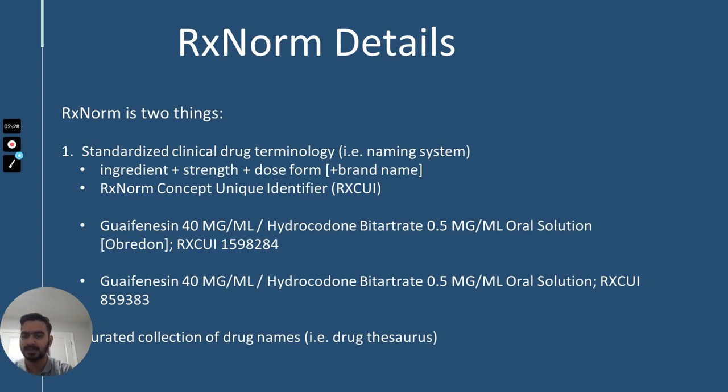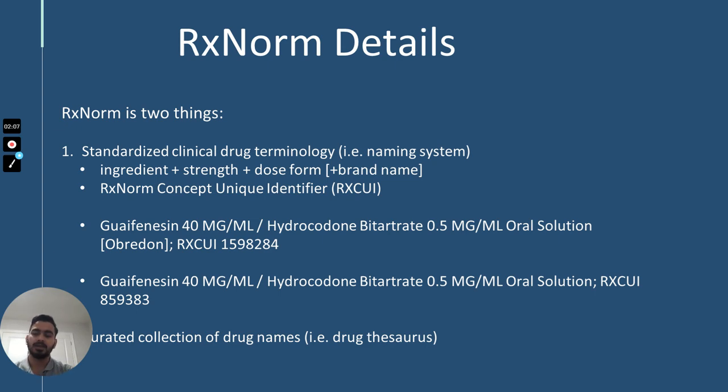But in the second case, there is no brand name. It's just guaifenesin with a different RxCUI number, which means that the second example is a generic drug, while Obradon has a brand name with it. A generic drug does not have a brand name.